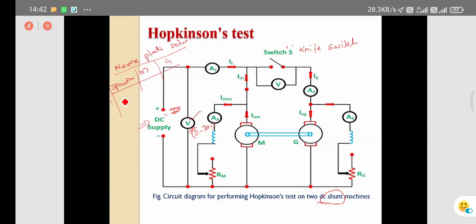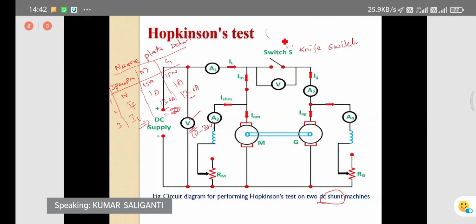The speed for motor and generator is the same, 51 RPM and 51 RPM. The field current is also the same, 1 ampere. The load current is 13.6 for the motor, and that is also 13.6 for the generator, because these are two identical machines.